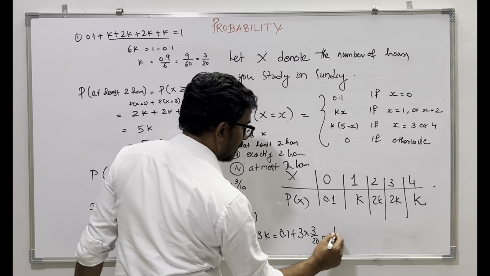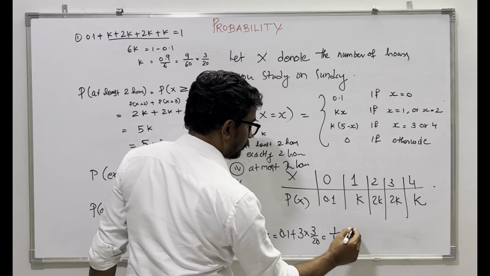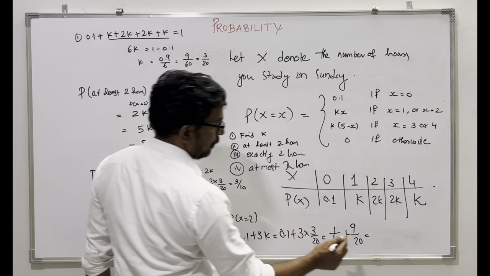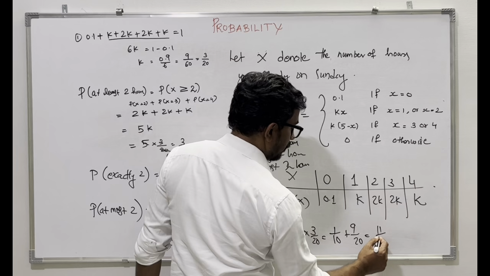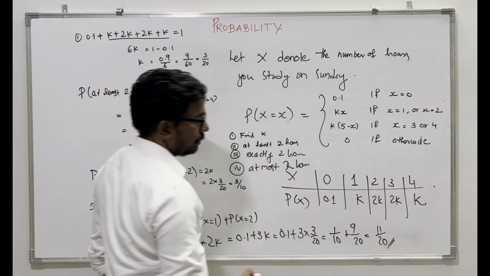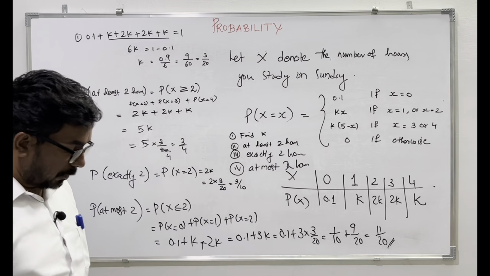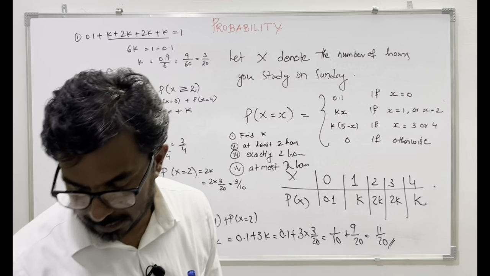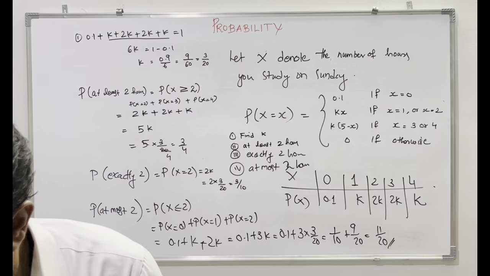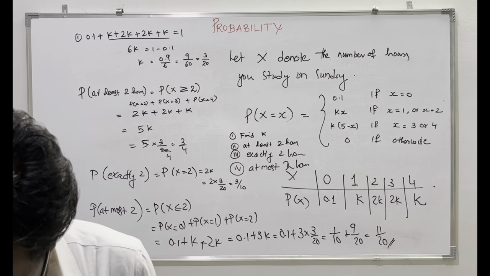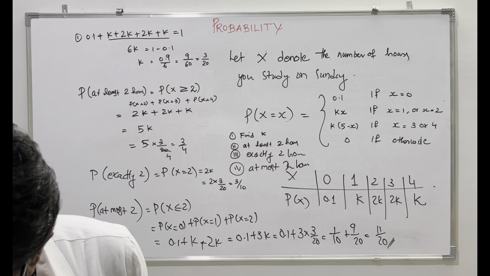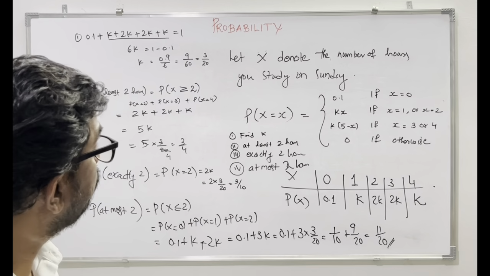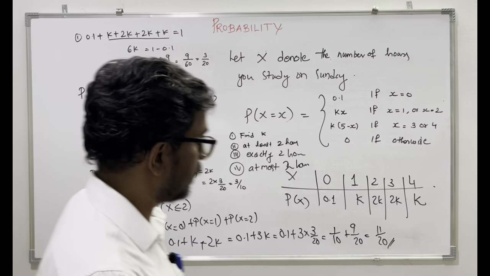So this can be written as 1 by 10 plus 9 by 20, or when you take LCM, this will become 11 by 20. This is how we work out a question of this type. Now we will work on another type of question, so that we will do next.